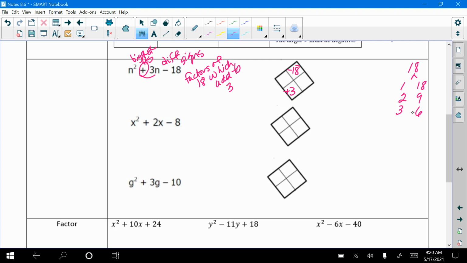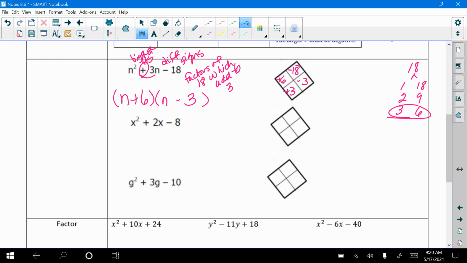Okay, so 6 and 3, the difference there is 3. So now I just need to worry about my sign. I want my biggest one to be plus, so it's going to be a plus on the 6 and a minus on the 3. So it's going to be n plus 6 and n minus 3.